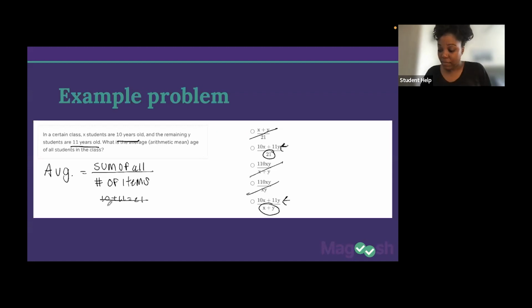That's not right, okay? Because that's not your quantity. That's not your number of variables in your set. Your number of variables in your set is your number of students, right? Which is X and Y. So that's why you got X plus Y on your denominator and not 21. That's a very common mistake, okay? So no worries there. Hopefully that all makes sense.